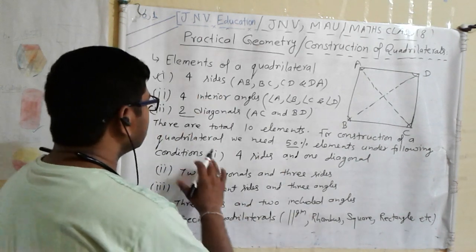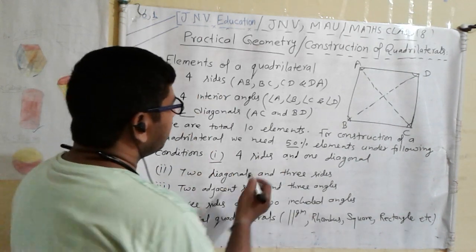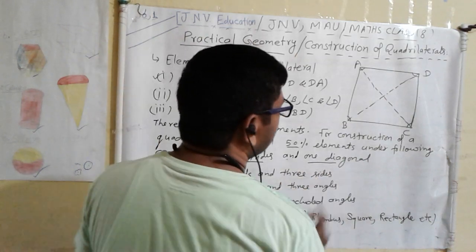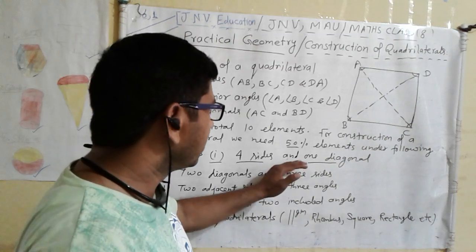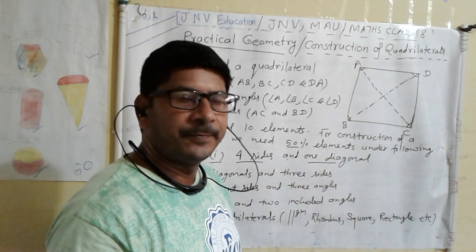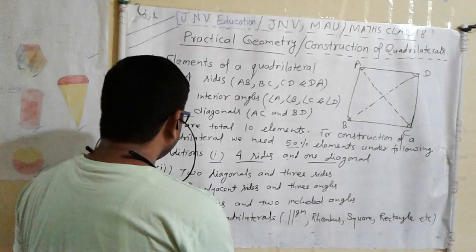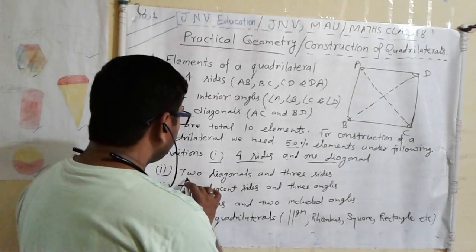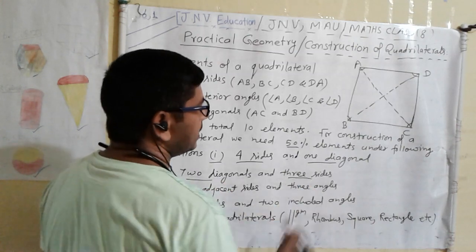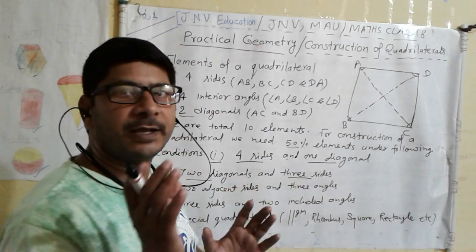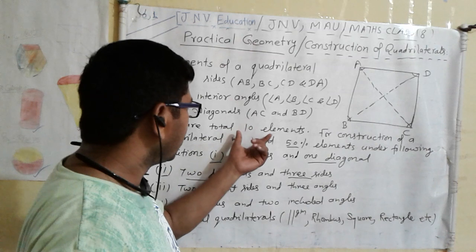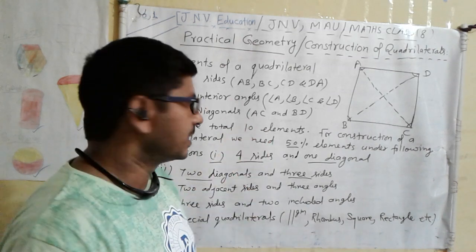So first condition is that if we have four sides and one diagonal of a quadrilateral, we can construct it very easily. Second condition is that when we have two diagonals and three sides, which means there are 5 elements. 5 out of 10 means 50%.